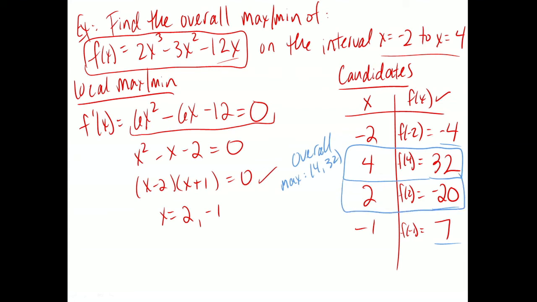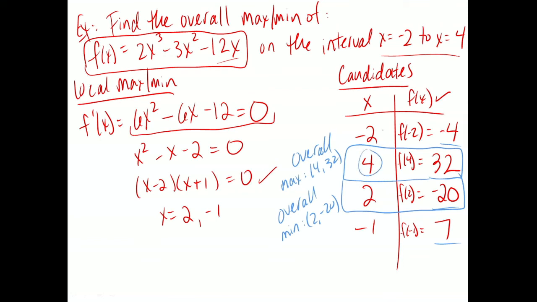Negative 20 is the smallest, or the lowest number I see. So the overall smallest is at 2 comma negative 20.